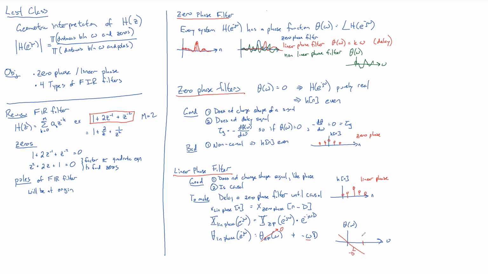Of course, it goes only up to pi, and minus pi, and then we reset it. There, that's better. And then it's reset up to, again, this would be 2 pi, and it continues on like that forever. All right, so that's why we call it a zero phase, linear phase.